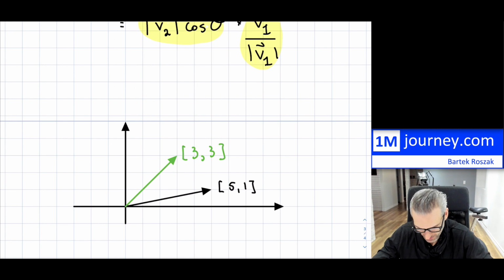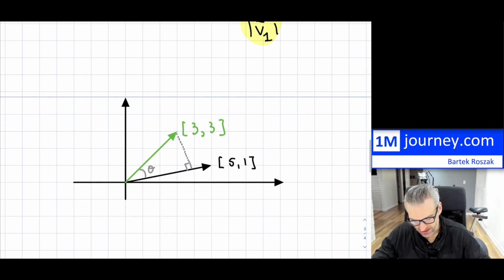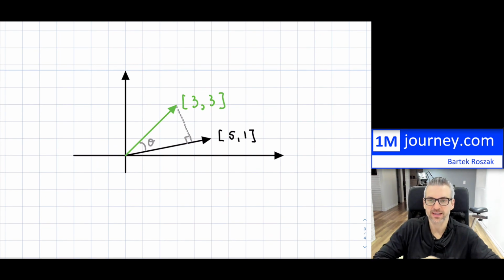This is going to be dropped down at 90 degrees, and I have to find out what this angle is between the two vectors. It gets dropped down such that it creates a 90 degree angle in here, and I can proceed and find that out.